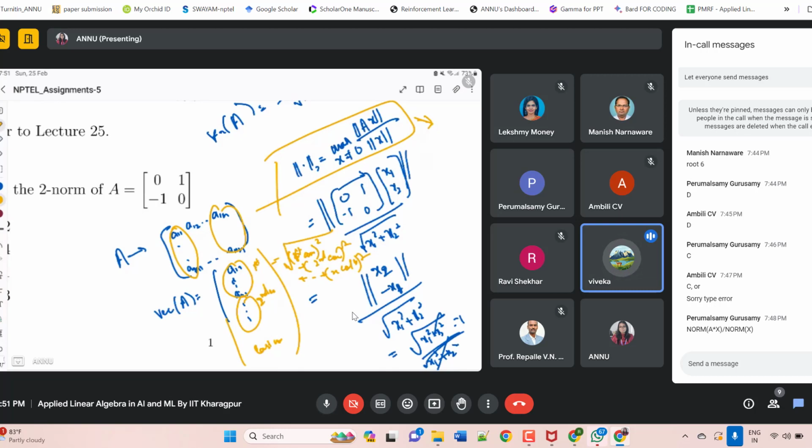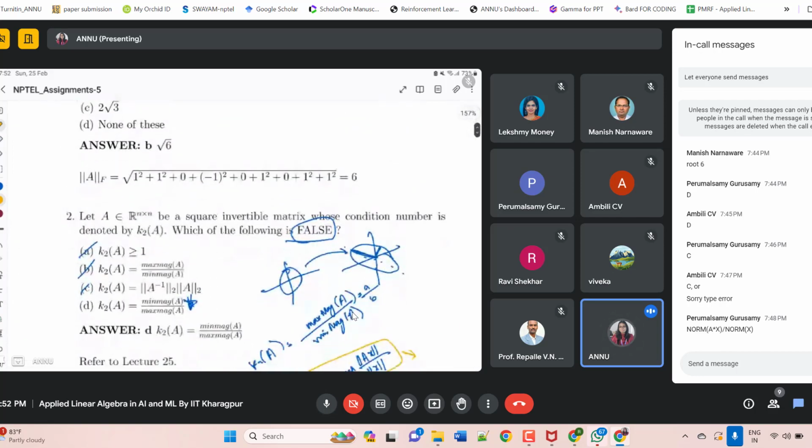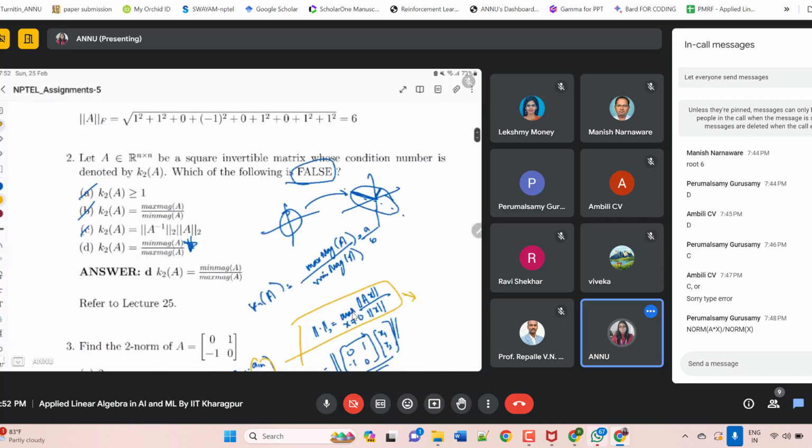Yes, ma'am. But orthogonal matrices? That is different. We are talking about norm now. The orthogonal matrices we talked about were when we saw a circle transform into an ellipse; in that case the maximum divided by the minimum was 1. How was it 1? Because we were transforming using an orthogonal matrix.